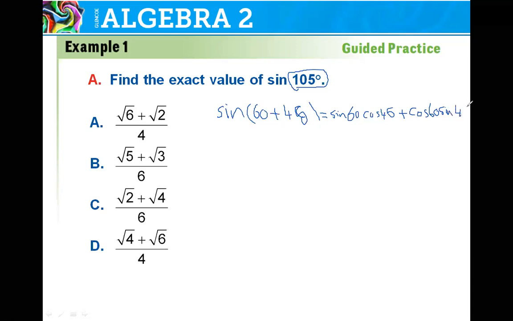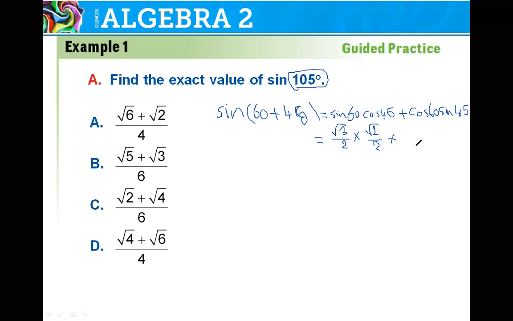Sine 60 equals root 3 over 2, multiplied by cosine 45, which is root 2 over 2.